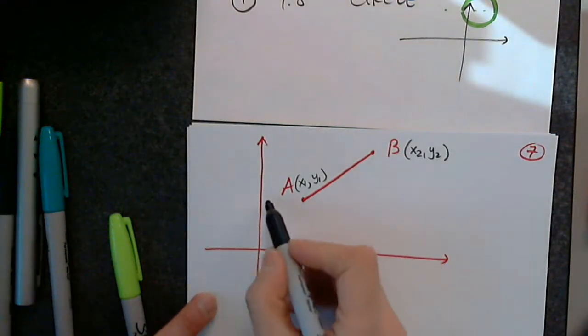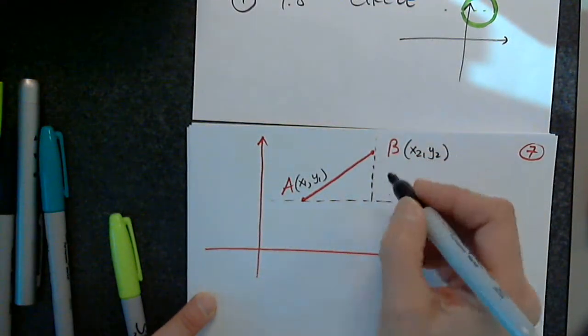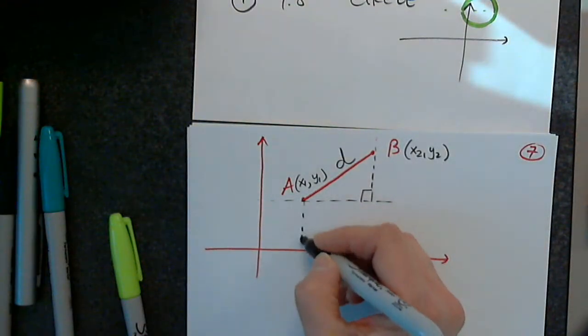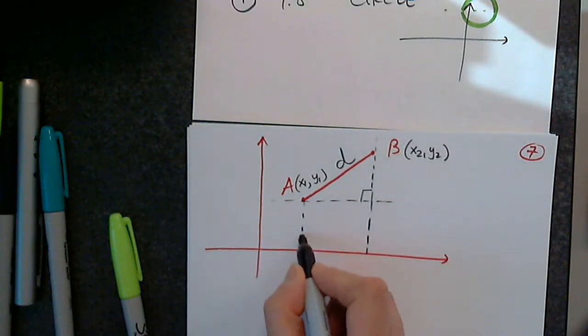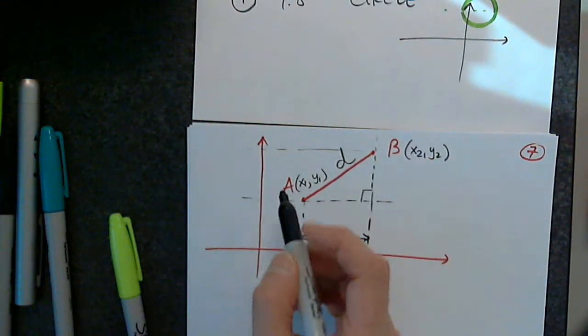Okay, I'm going to form a right triangle, of course. And I'm going to call the distance between A and B, the D. And I'm going to ask you to give me the length of this leg. And I'm going to ask you to give me the length of this leg.